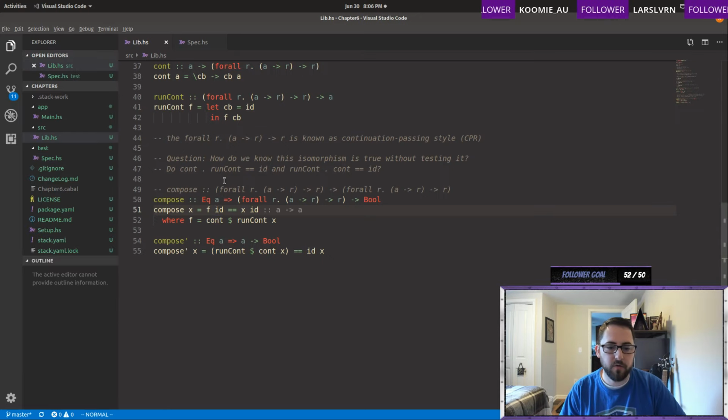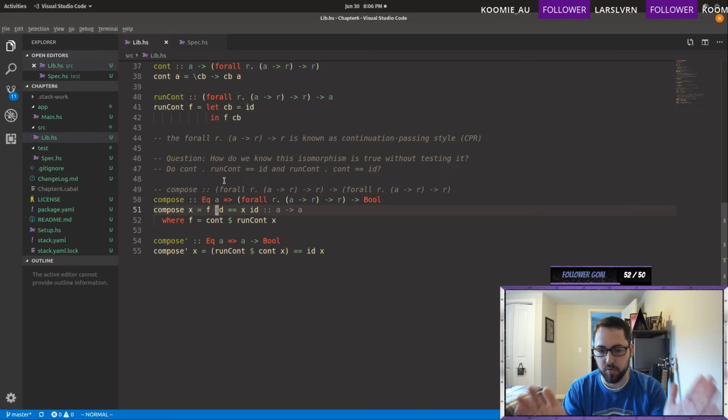But how do I symbolically prove that these two things are equal?